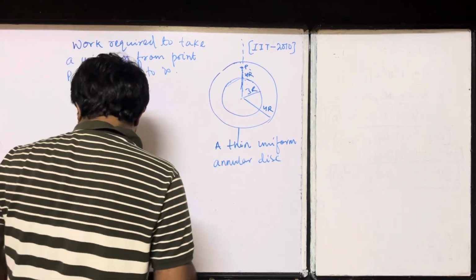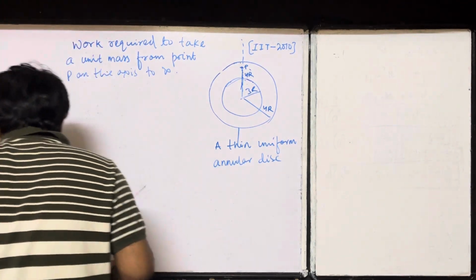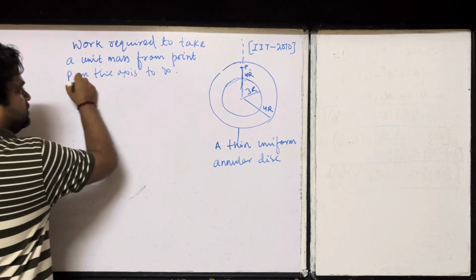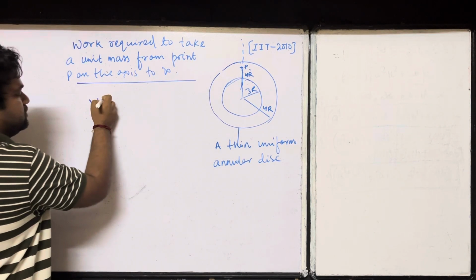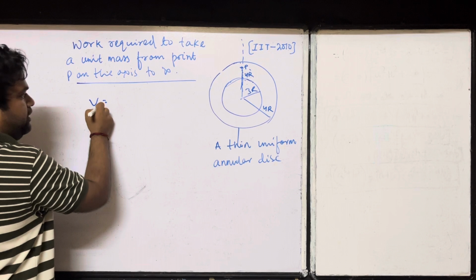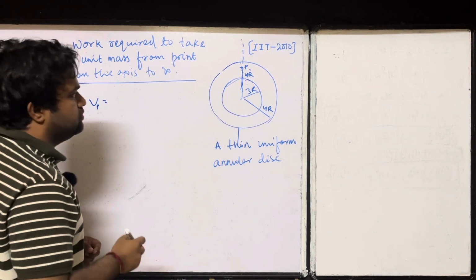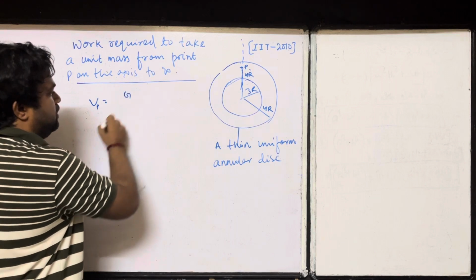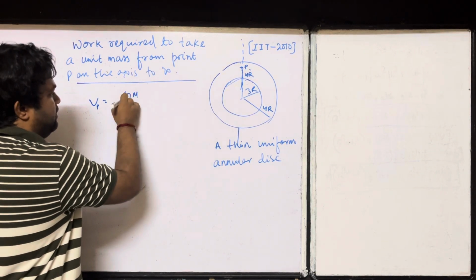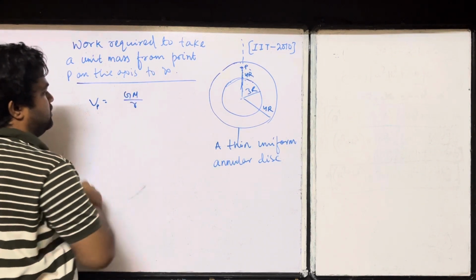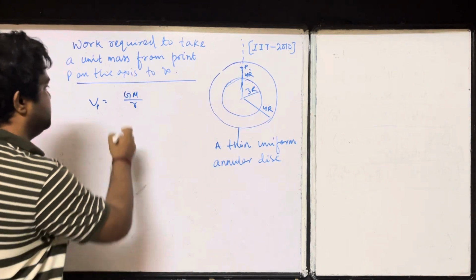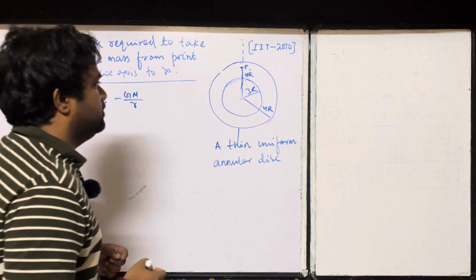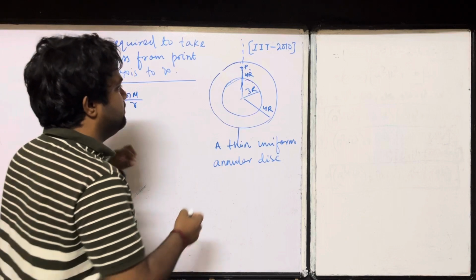You know the formula of the potential: V at point P is minus GM by R. So we need the mass of this annular ring.